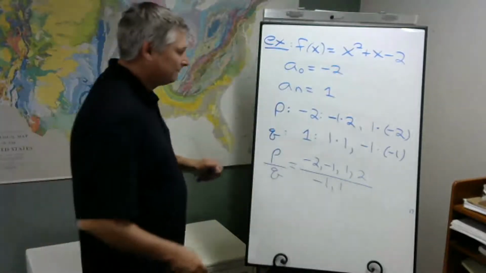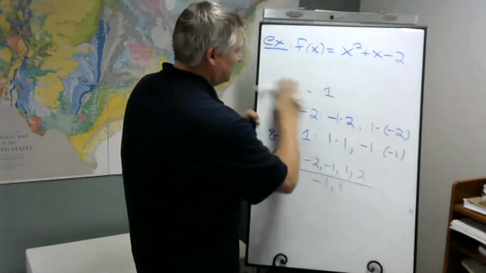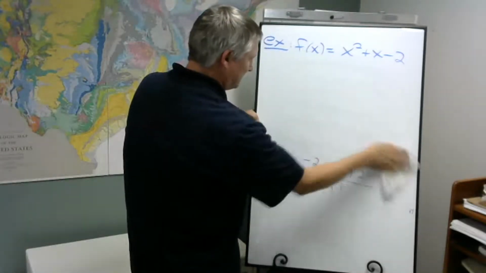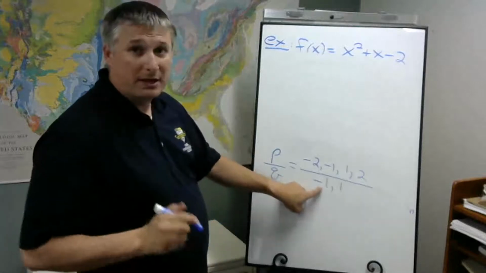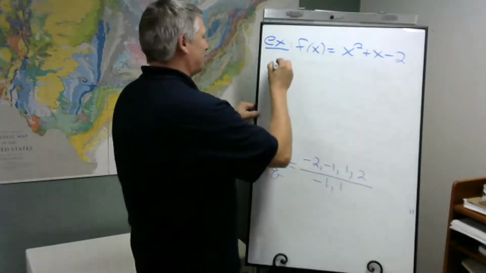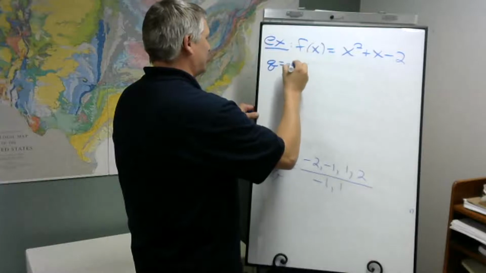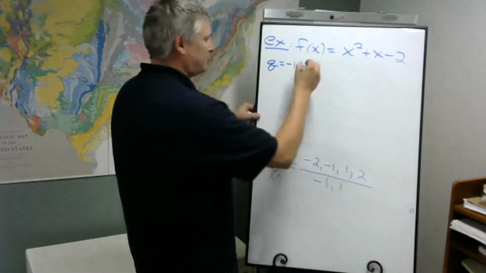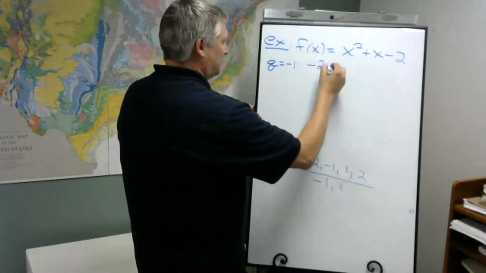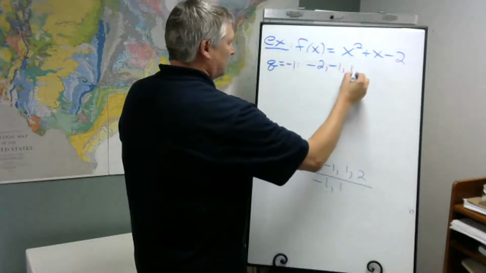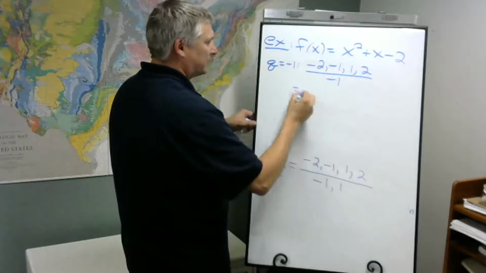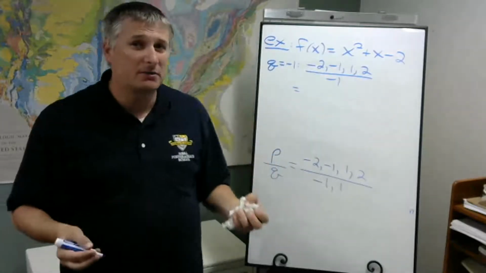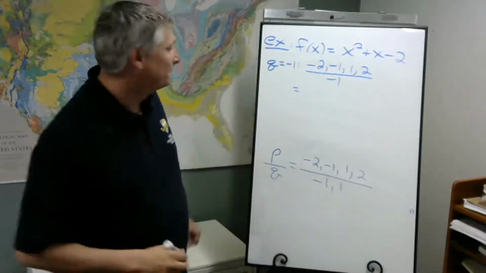So this is what we've got. Let's take a look at the possibilities. So let's start with Q being -1. So look at it, -2, -1, 1 and 2 over -1. And basically we're going to divide each of these numbers by -1.